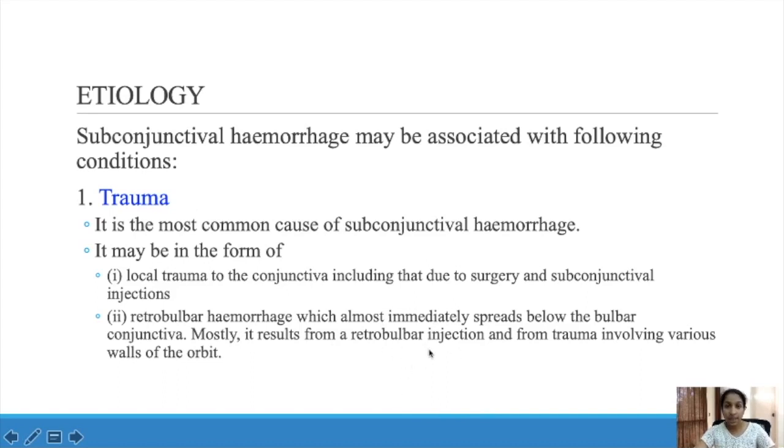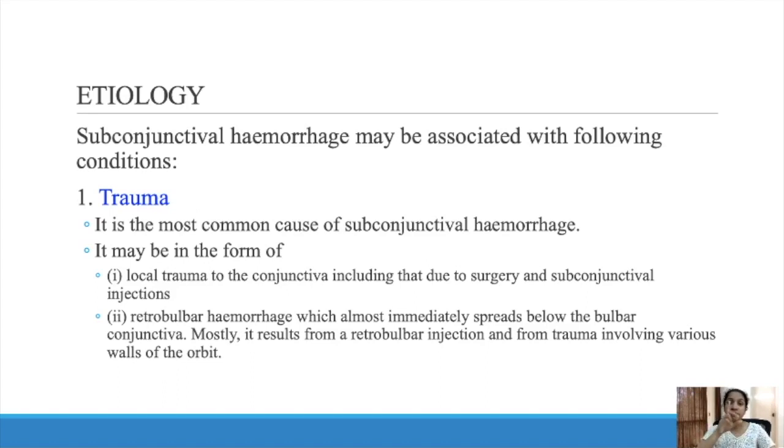In ocular surgeries, when giving anesthesia, we give retrobulbar injections, and because of that there may be hemorrhage which spreads below the bulbar conjunctiva. It can also result from trauma involving various walls of the orbit. Because of trauma to the orbit, there will be subconjunctival hemorrhage.